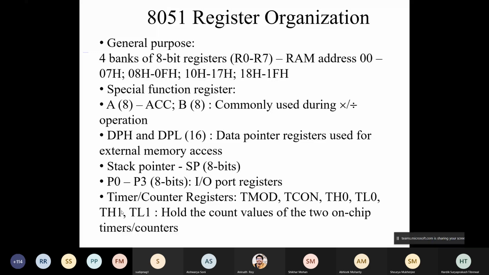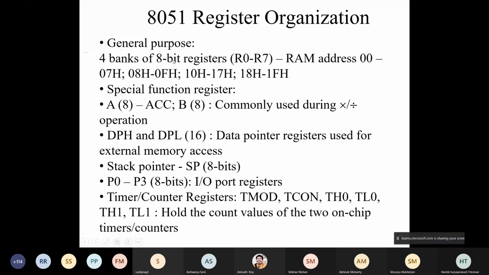So in 8051, there are lots of registers, and typically there are 4 banks of 8-bit registers. That means 4 into 8 registers are there, and that means 4 banks. So 4 banks means there are 4 groups of 8-bit registers, and those groups are named separately.